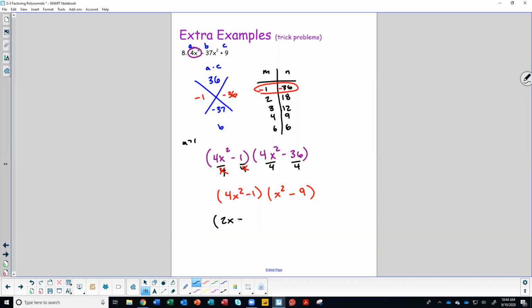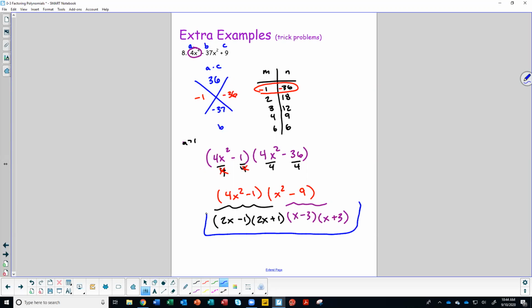Square root of 1 is 1. And so you write it out twice, once with the positive and once with the negative. That right there factors from the first. This would also factor and give you the square root of x squared is x, minus 3 and x plus 3. That right there would be the complete solution to number 8.